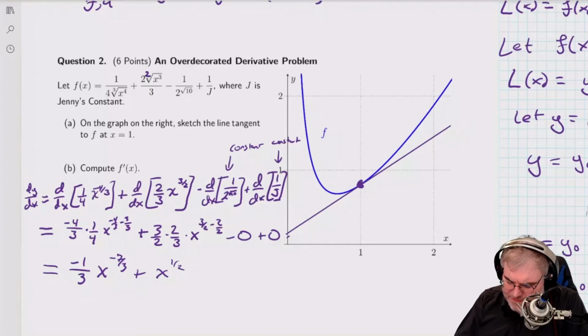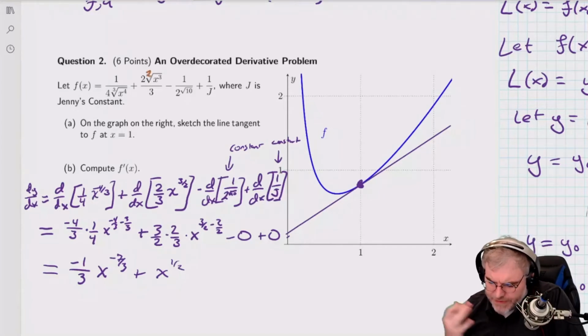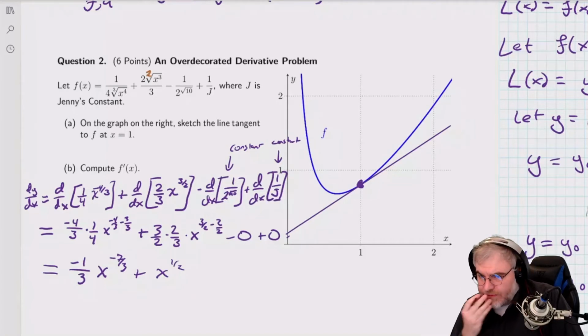Especially when there are square roots, you might want to put the thing in here. So with these over-decorated things, just make sure you're careful. Yeah, I butchered it. Hope you didn't.